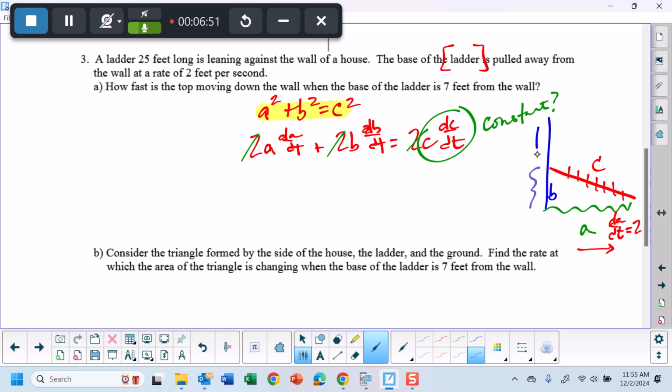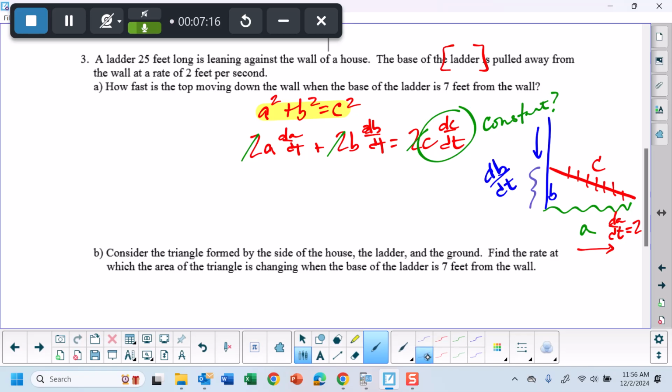It helps me when I draw arrows because I know that this rate, this change in my B with respect to time, has got to be negative because it's decreasing. So picture that movie in your head of what's happening and what rates might be positive or negative. So how fast is that top moving down the wall?